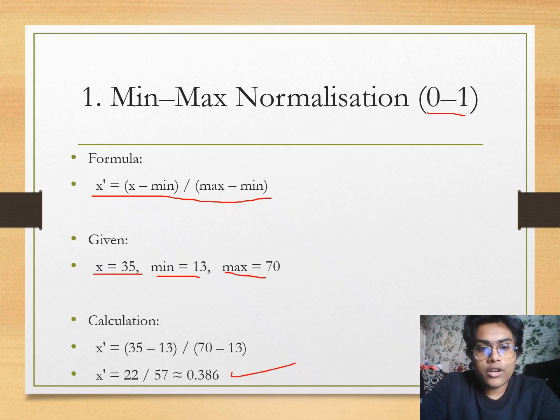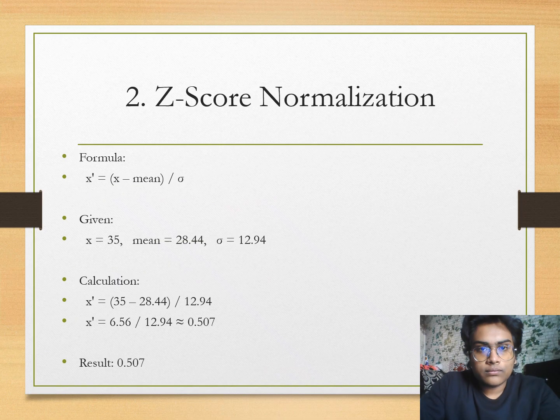Now let's find the z score also. Here is z score normalization. The formula says x dash is equal to x minus mean, where we take the mean of the data set, divided by sigma. Sigma is given in the question. So given x is 35, mean is 28.44, and sigma is 12.94.